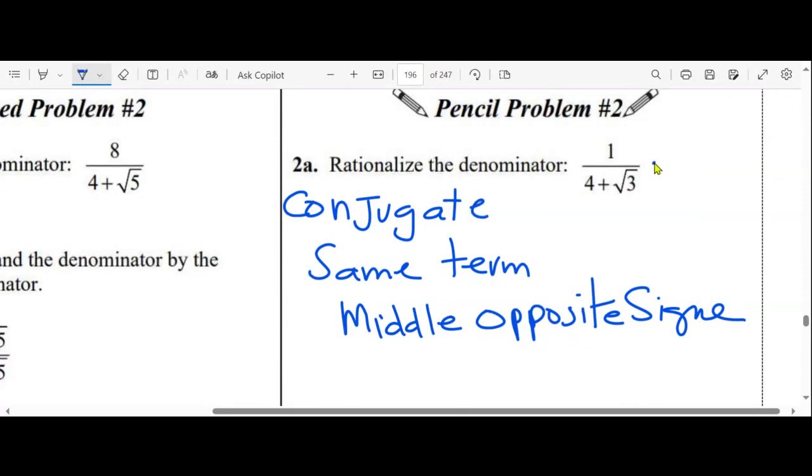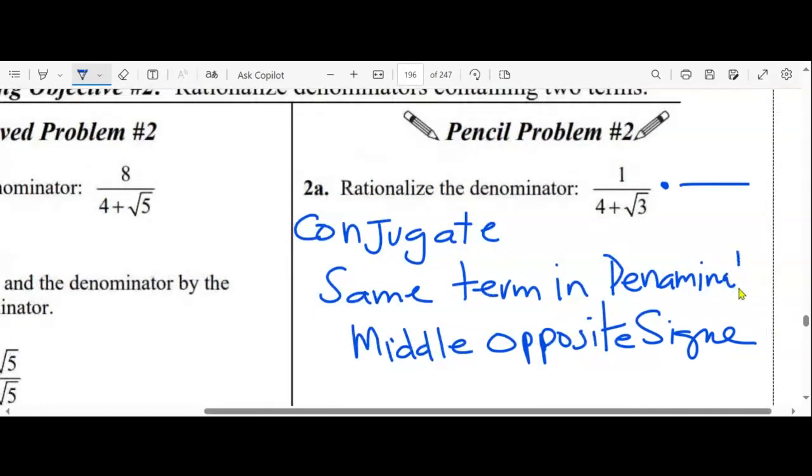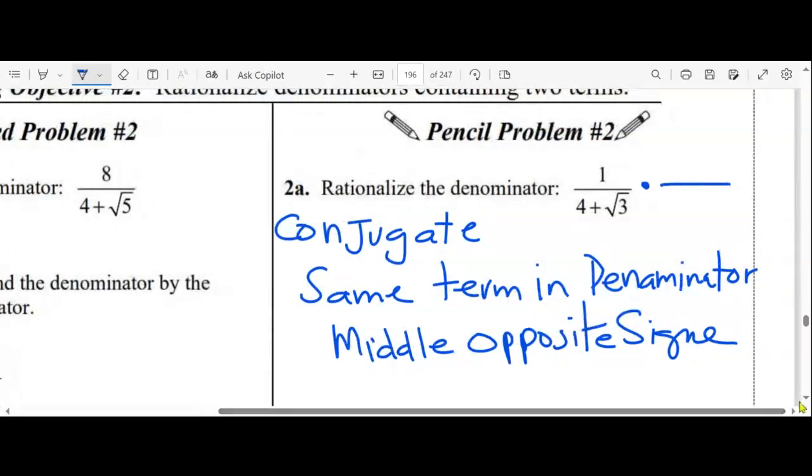Okay, so here you look at the same terms in the denominator, right? Yes. So it's going to be 4 minus square root of 3. If you multiply the bottom, you multiply the top.